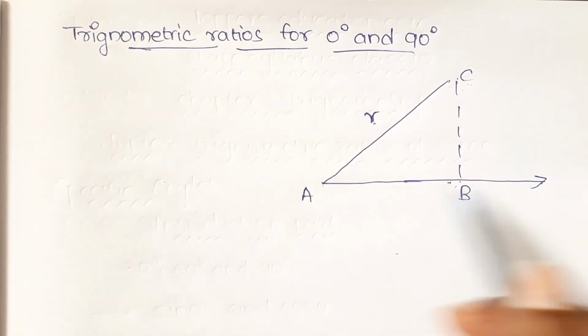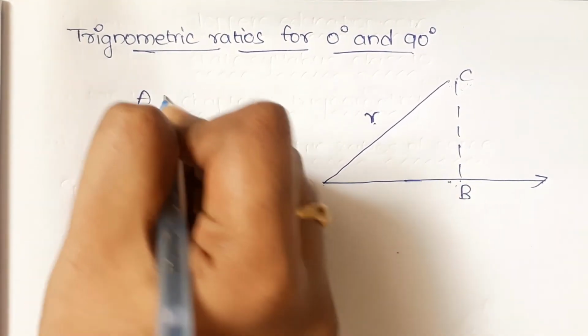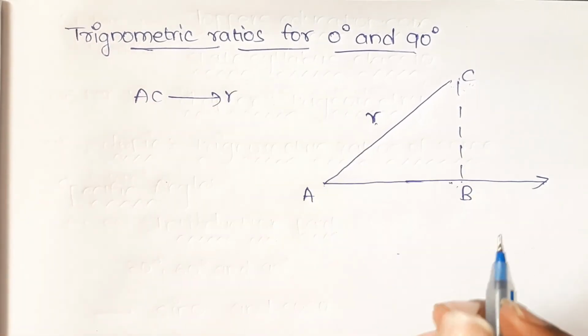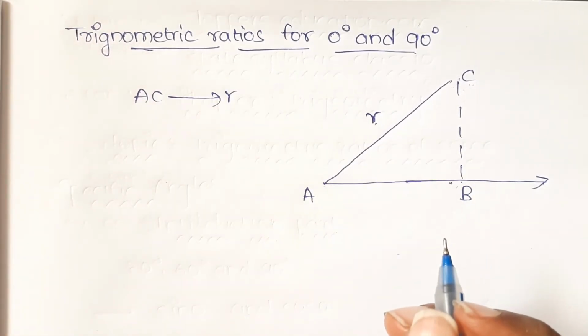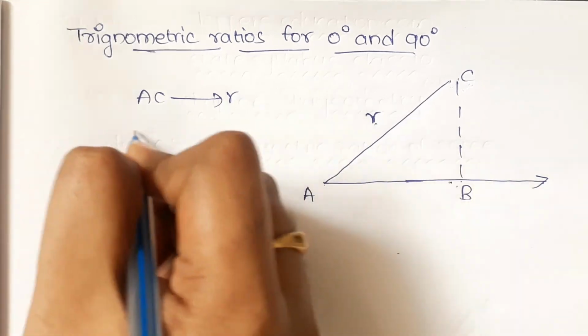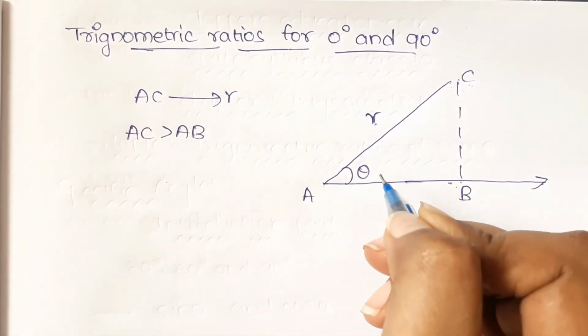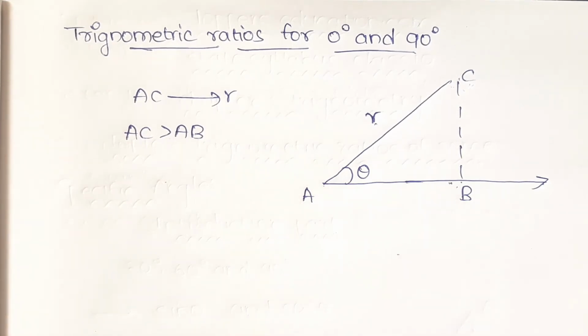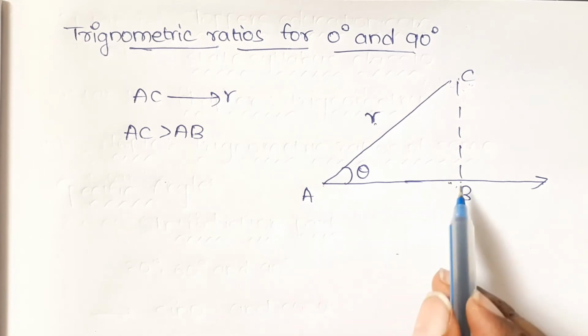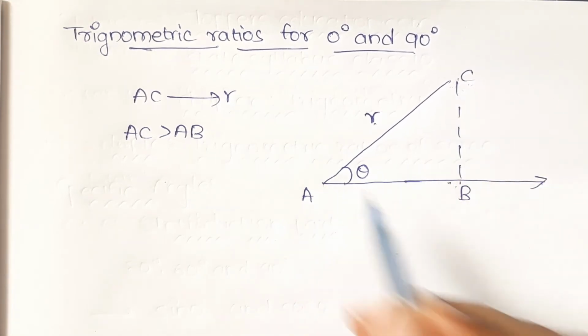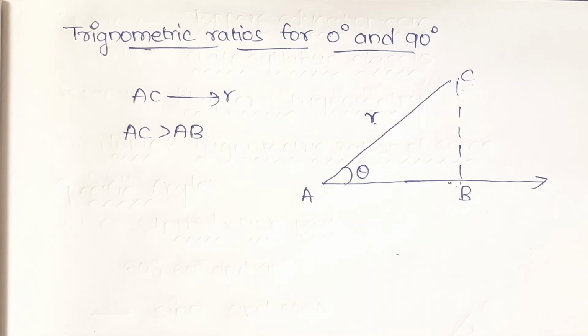Here from this figure we have AC of length R, and if AC leans so that the angle decreases, then what happens to the lengths of AB and BC if this angle decreases?